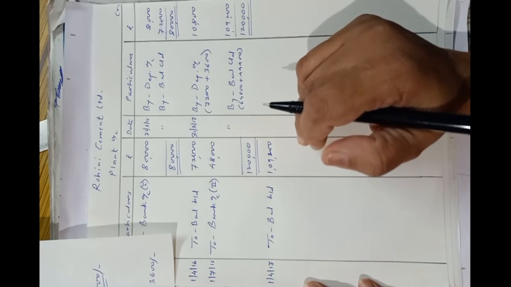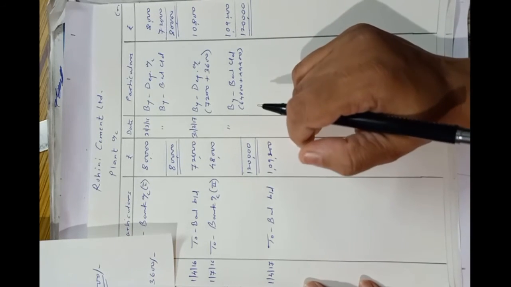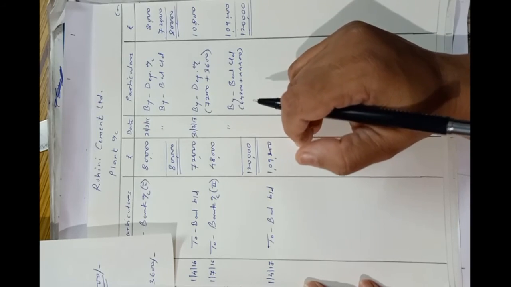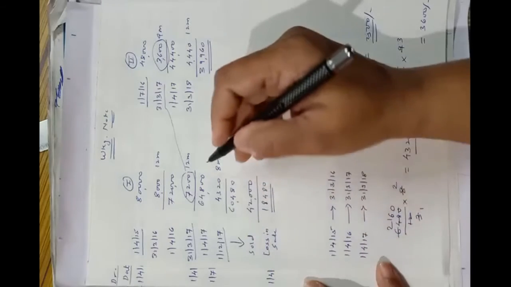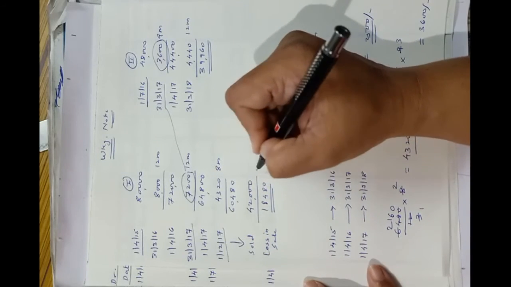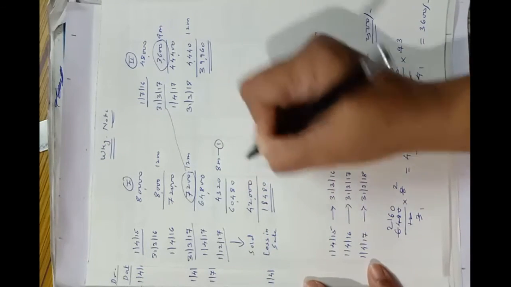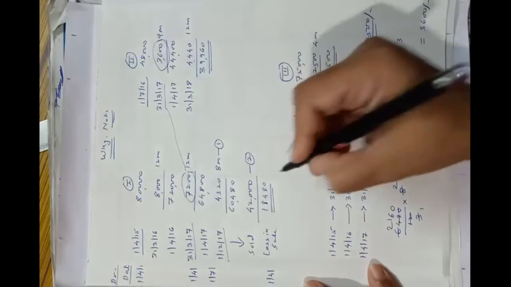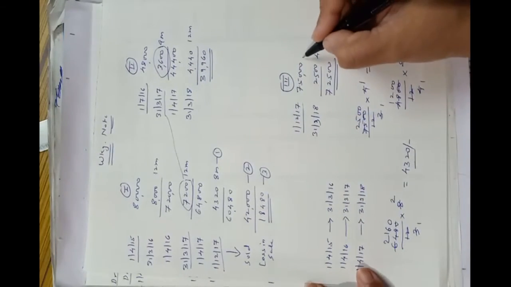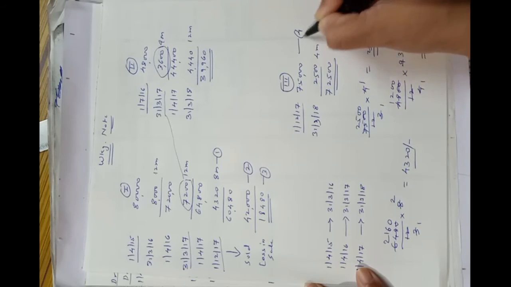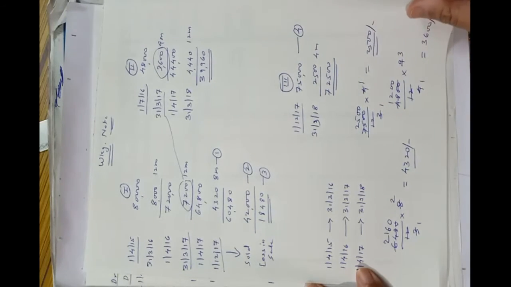Okay, now in the third year, on 1st December 17, they have sold this machinery. So first we have to deduct the depreciation, then the entry of sale, and then the entry of loss, and on the same date they have purchased a new machinery. So this entry will be fourth on 1st December.